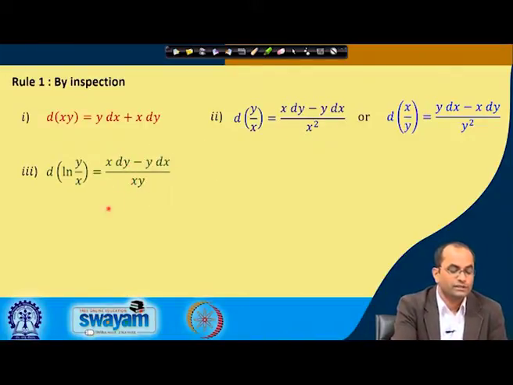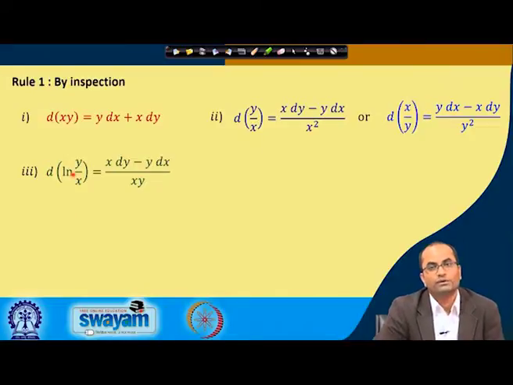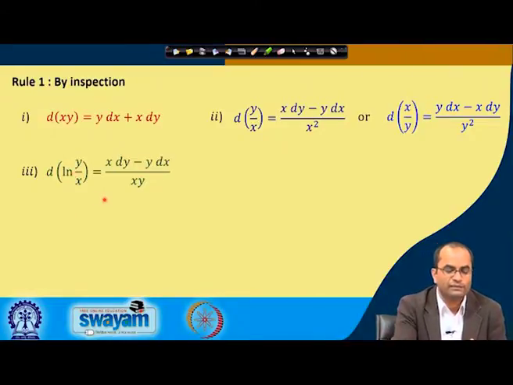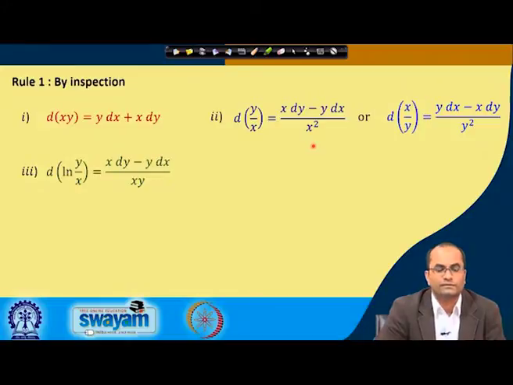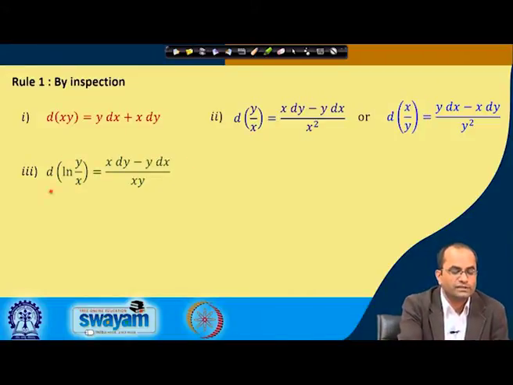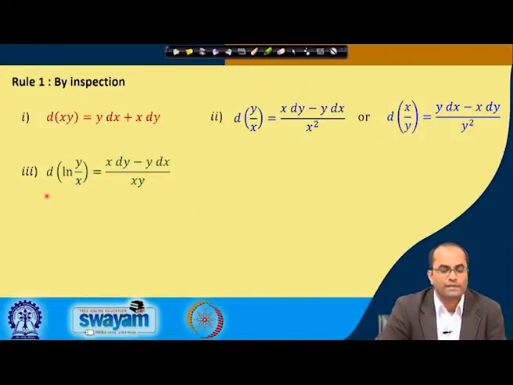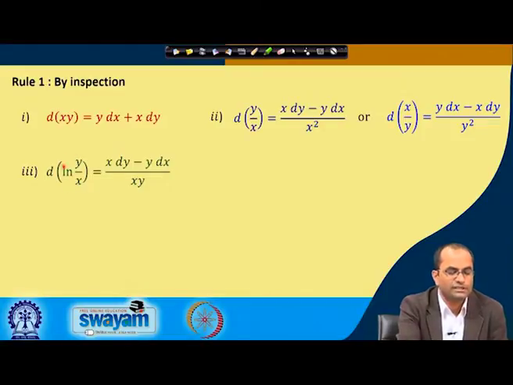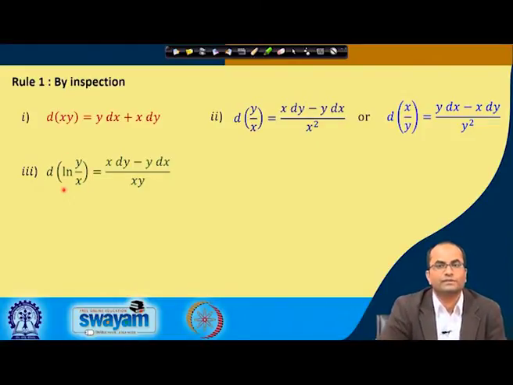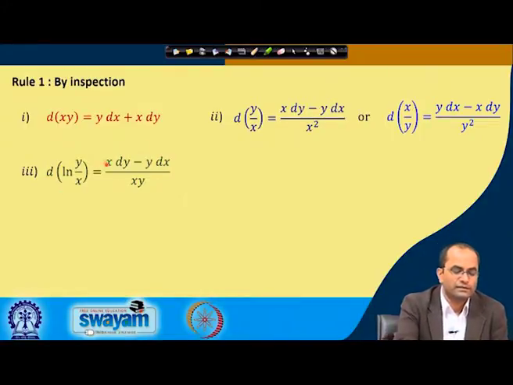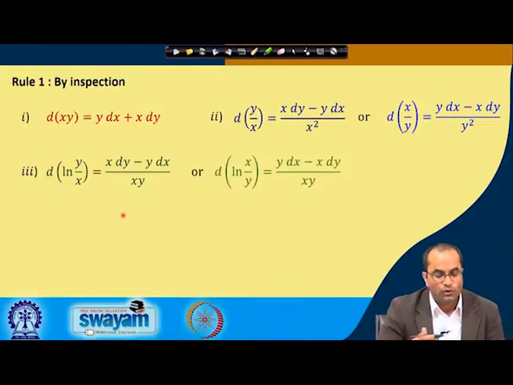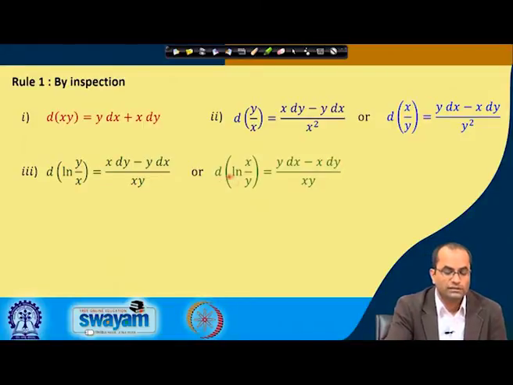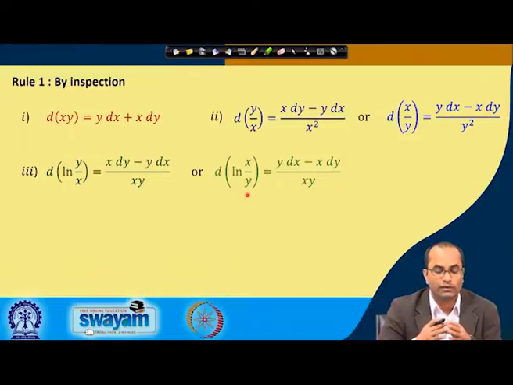This is the differential of the logarithm of y over x, which we can prove as we did in the previous case, using the definition of the differential and getting the partial derivatives of ln y over x with respect to x and with respect to y. Or we can discuss the differential of the logarithm of x over y as well.